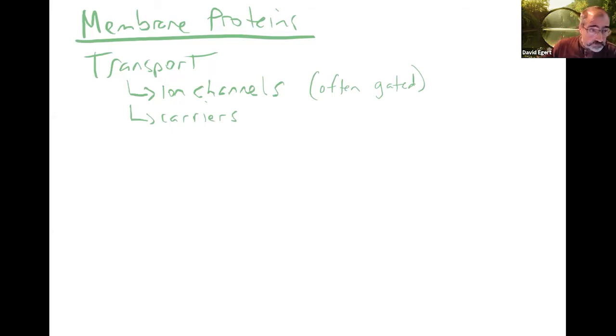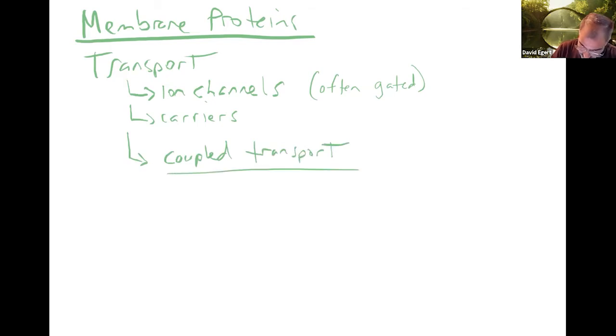Then the place where I kind of left off was coupled transporters. This is what we're going to go into now. So these coporters, I think that's what they call them.